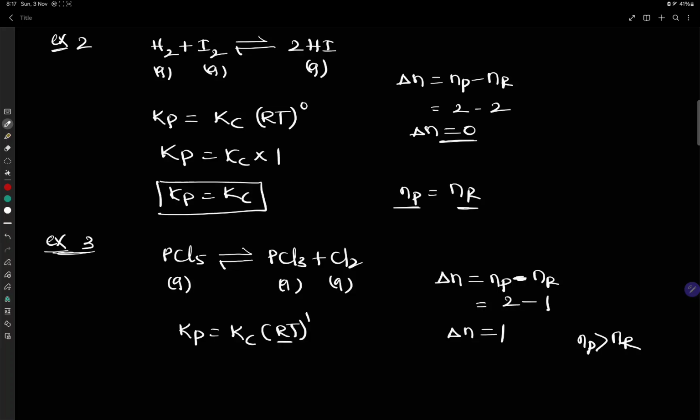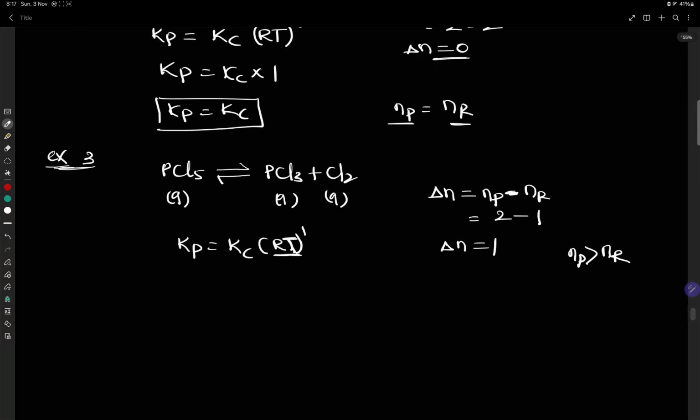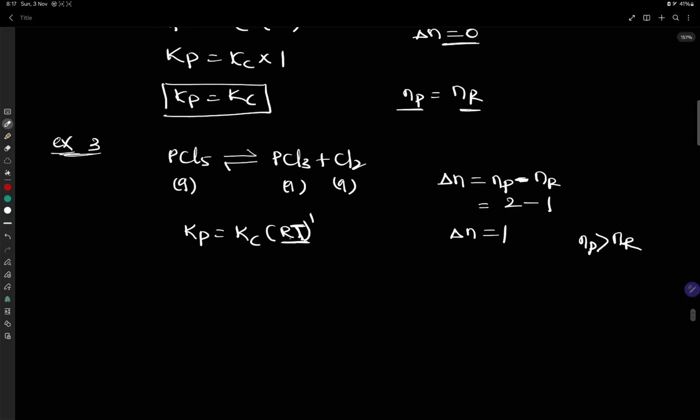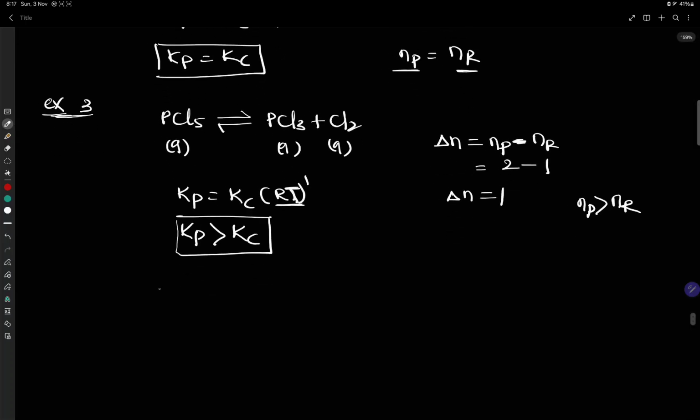R is the universal gas constant, a positive value. Absolute temperature is also always positive. Of course, normal temperature may be negative, but absolute temperature is always positive. So some positive term power 1 means Kp is greater than Kc. This is just a clue to understand; there is no scientific reason.